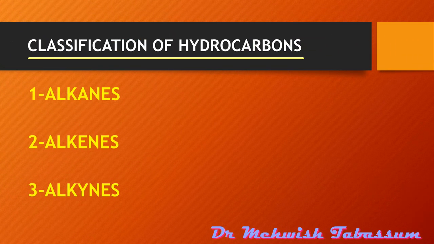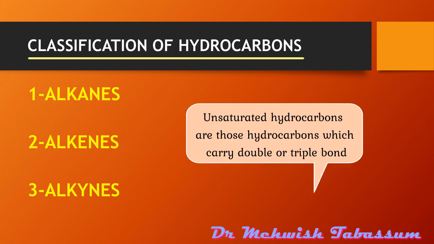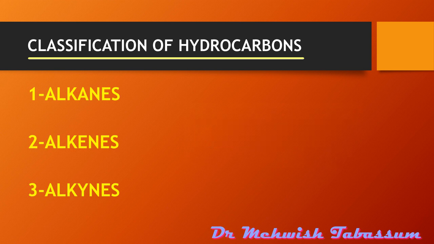There are two further subdivisions of hydrocarbons, whether they are saturated or they are unsaturated. Saturated hydrocarbons are usually termed as those hydrocarbons which carry single bond. Unsaturated hydrocarbons are those hydrocarbons which carry double or triple bond.